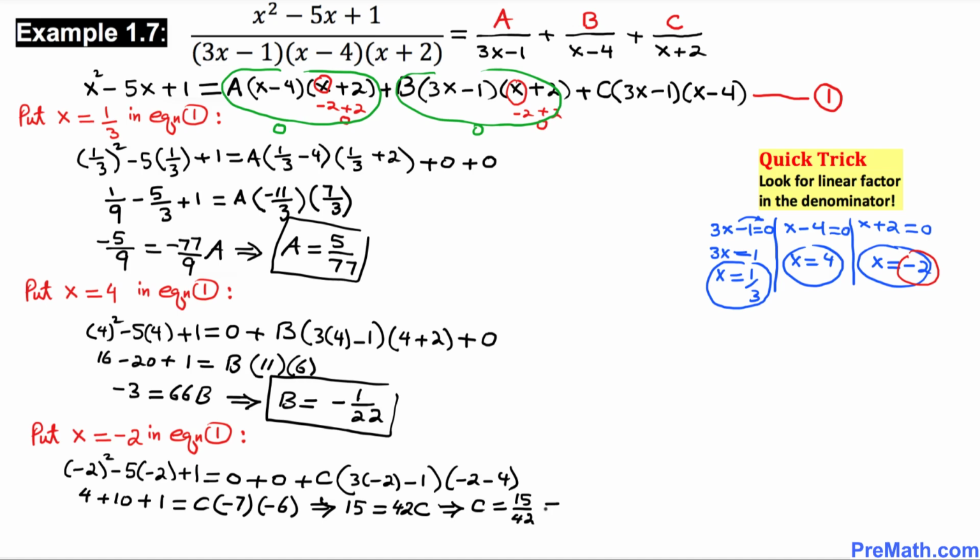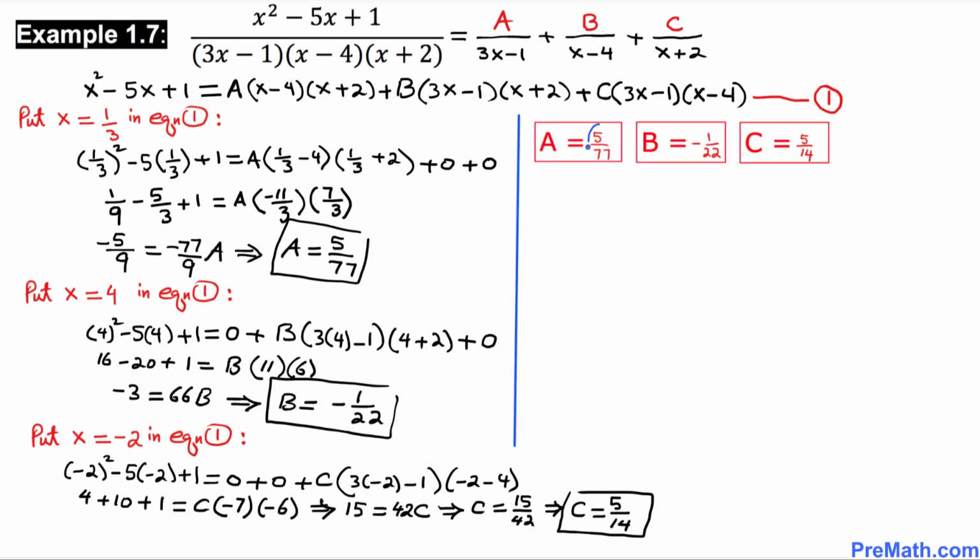That means c could be reduced to 5 over 14, isn't it? If you divide top and bottom by 3, we are going to get c equals to 5 over 14. So thus our a value turns out to be 5 over 77, b value is negative 1 over 22, and c is 5 over 14.